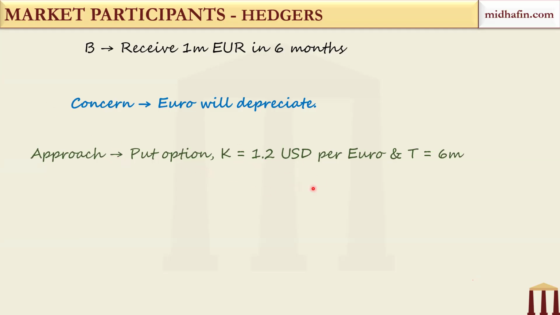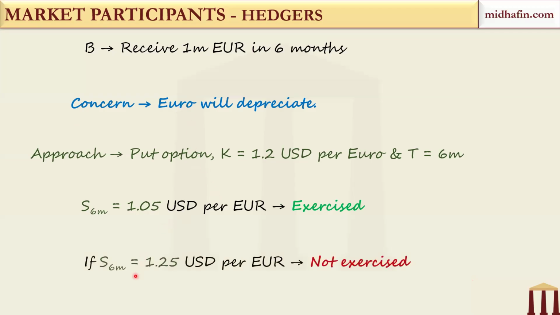If this is the strike price and time to maturity is 6 months, and if after 6 months the exchange rate is 1.05, the option will be exercised, of course, because the market price of 1.05 is lower than K. So party B will receive those 1 million euros, but instead of selling in the market, they will exercise the option and sell at 1.2. They have locked in their selling price even though they are receiving after 6 months.